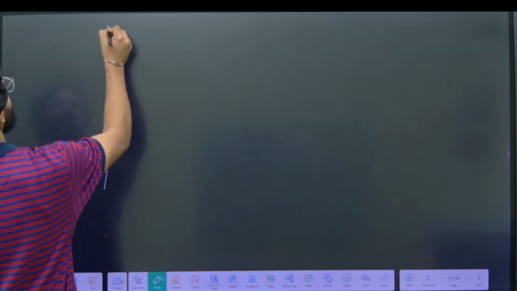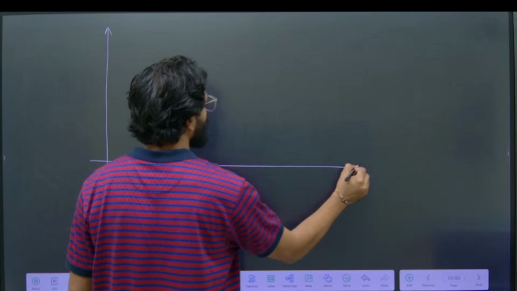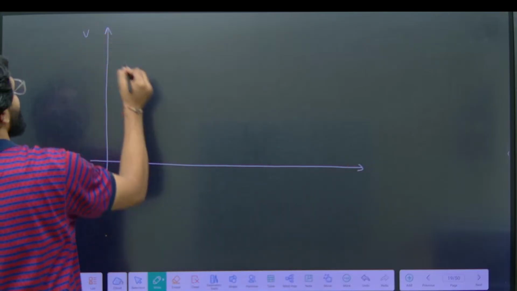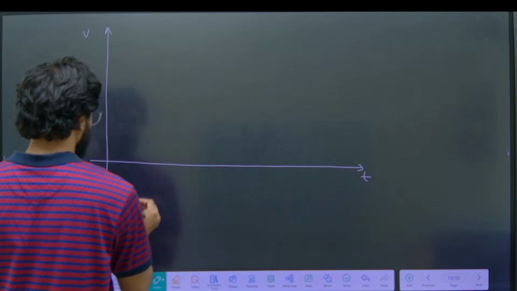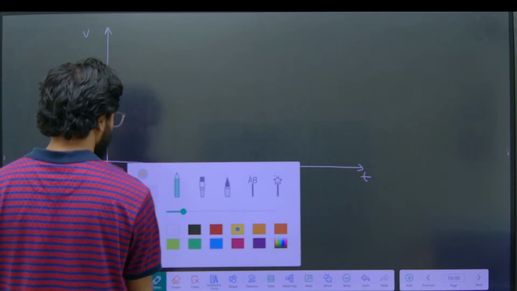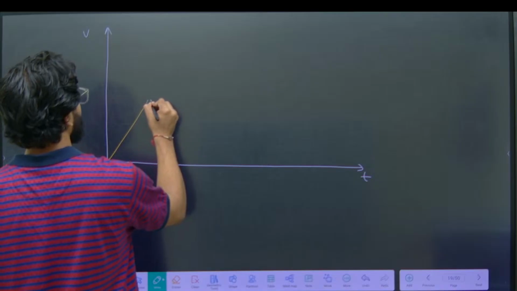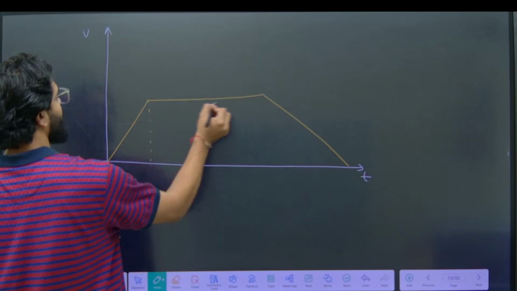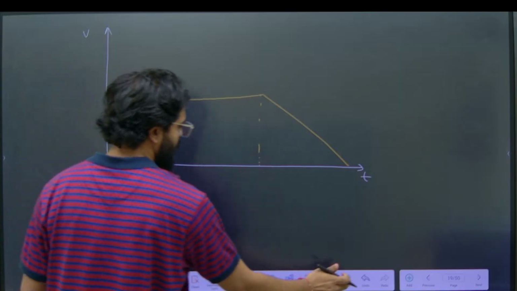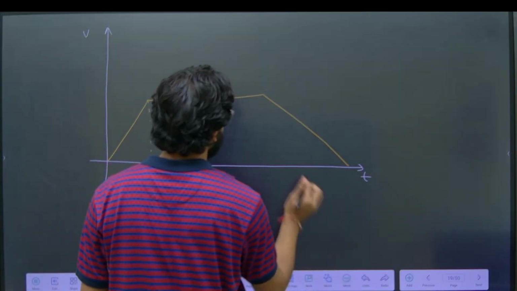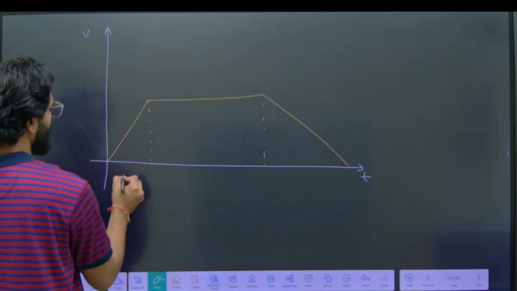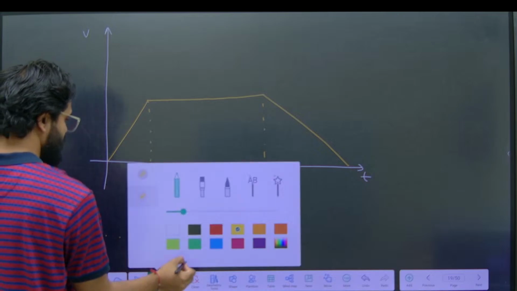Whenever this type of question comes, we have to call our graph. Which graph? The VT graph, the magical graph. So they are saying he is moving this distance over here.